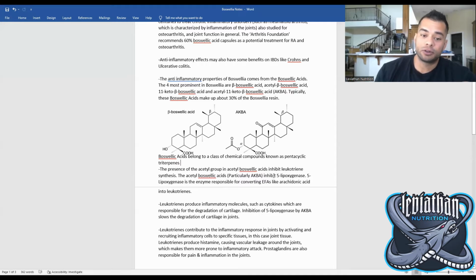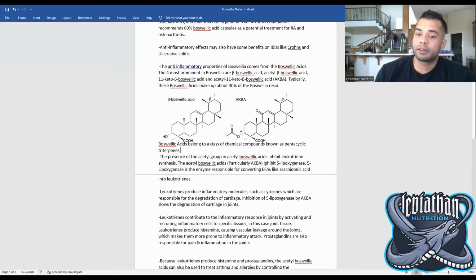to inhibit leukotriene synthesis. These acetyl boswellic acids, particularly AKBA, are able to inhibit the enzyme 5-lipoxygenase. Now, 5-lipoxygenase is the enzyme that's responsible for converting essential fatty acids like arachidonic acid into these leukotrienes.